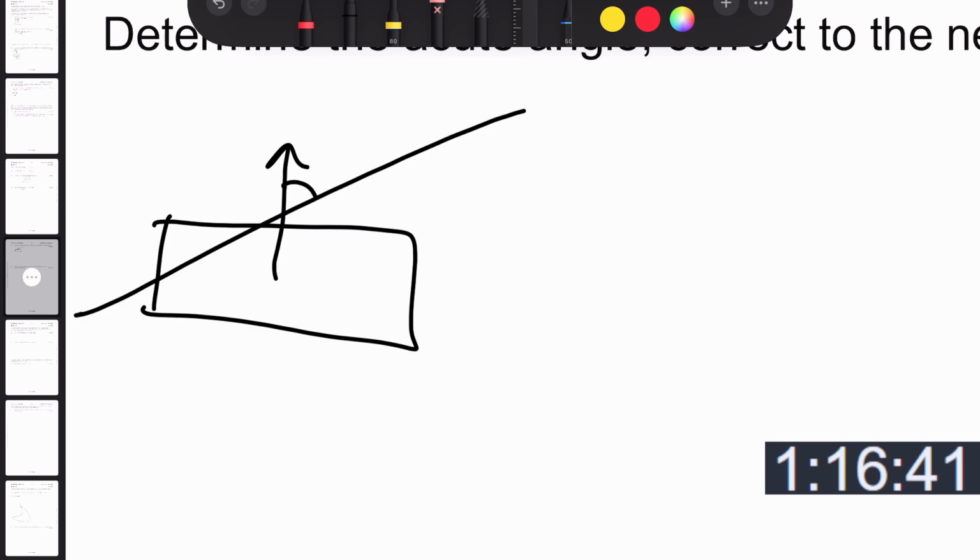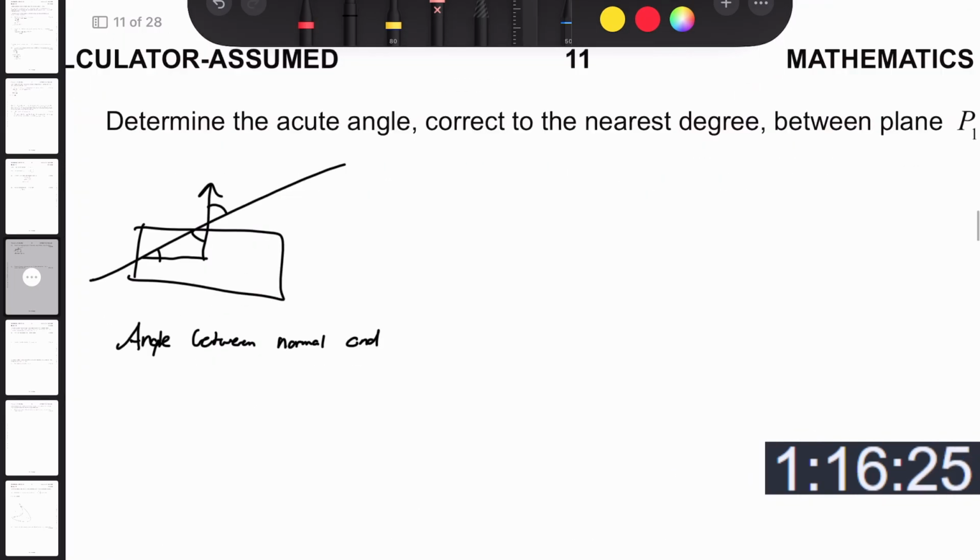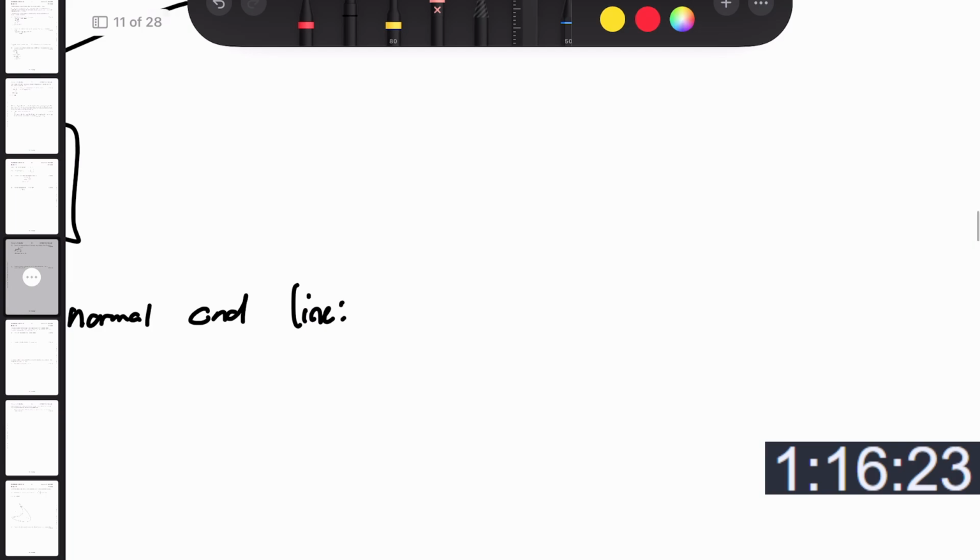So I'm going to find that angle. Now that angle is going to equal this angle. So the angle between normal and line. And then I'll do it on a CAS.